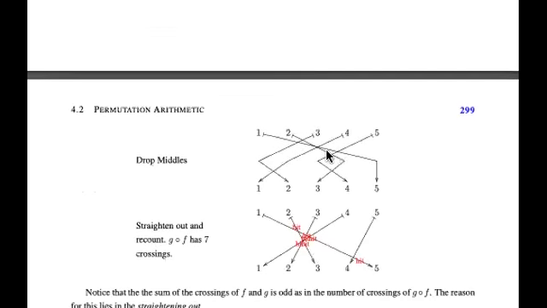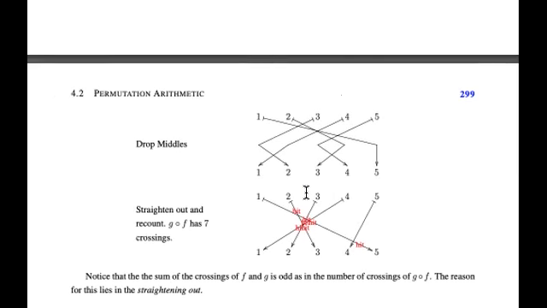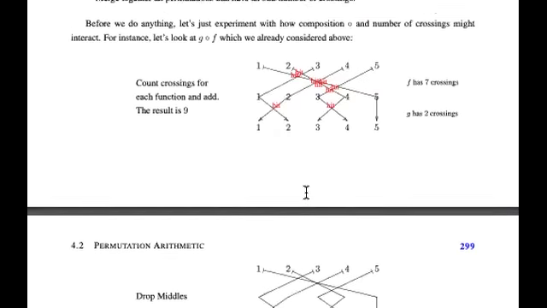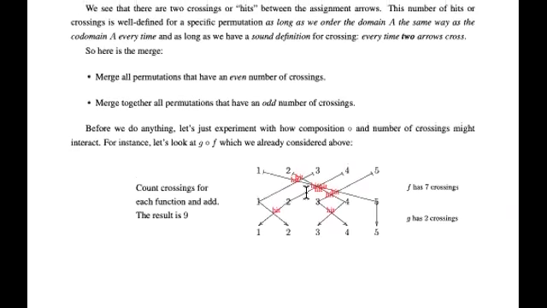Now let's even go further and just straighten everything out, because when we straighten, then we can count how many crossings we have here.